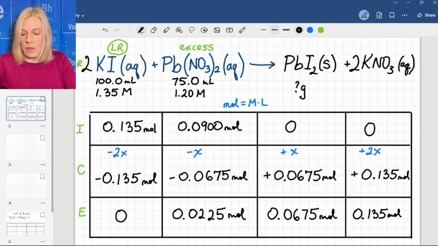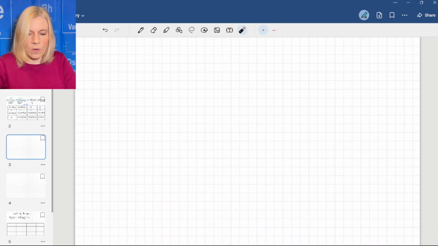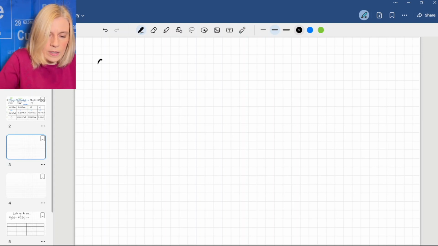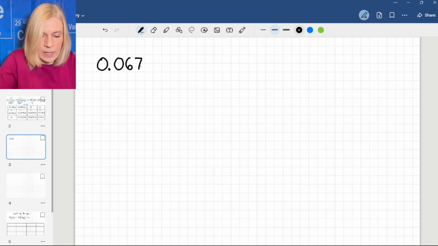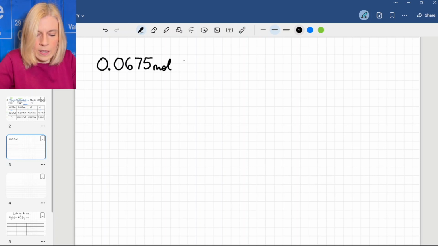Okay, the question is how much solid I'm going to make. Well, I have this many moles. Let's take the moles and change them to grams. So let's keep going with some calculations here. I'm going to have 0.0675 moles of my solid.